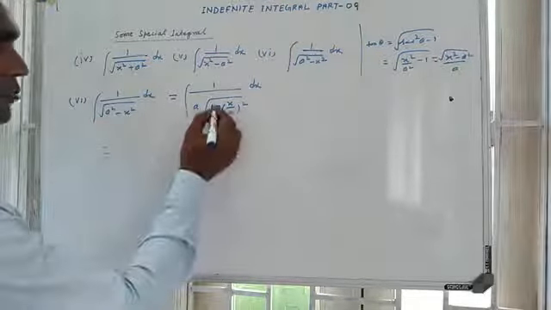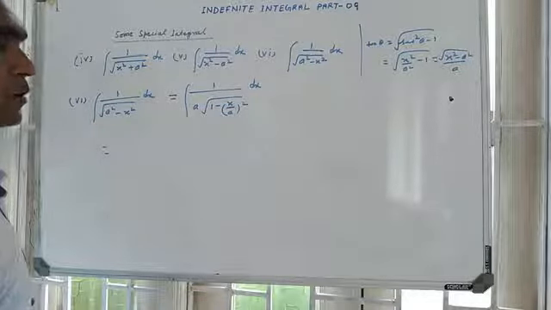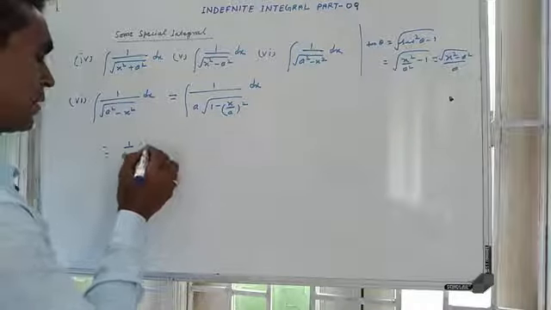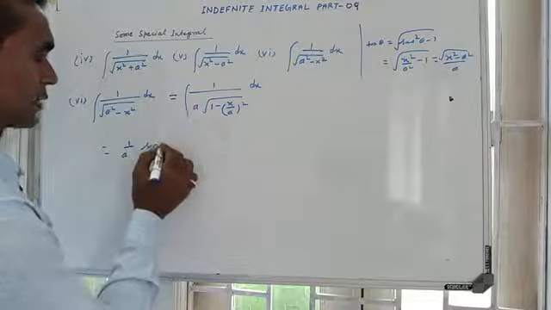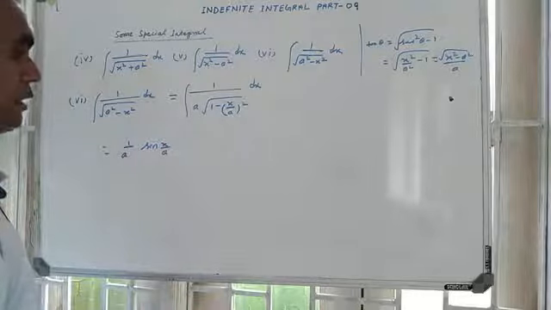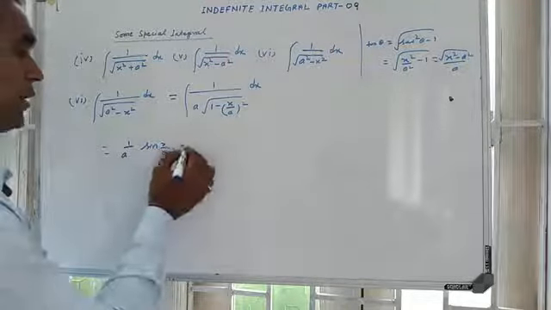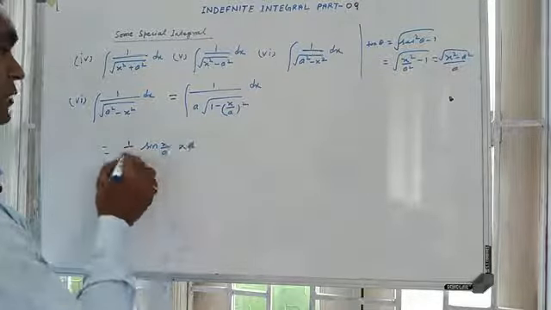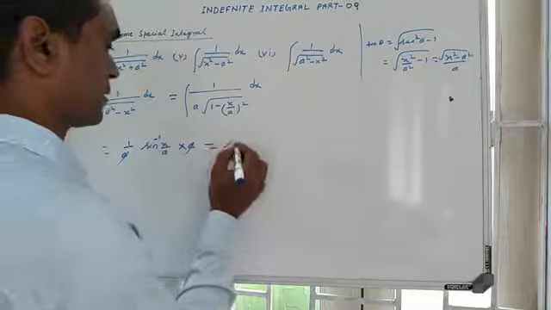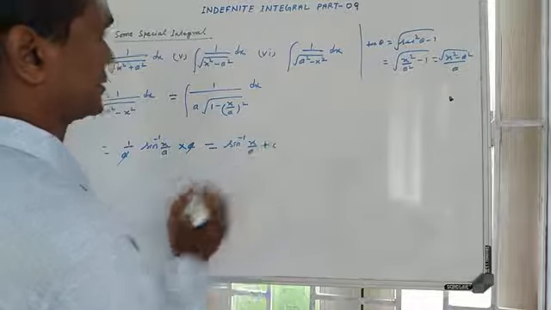So it is nothing but root over 1 minus x square. You know the formula, 1 by root over 1 minus x square is sine inverse x. So 1 by a and sine inverse, x is here x by a. So x by a divided by coefficient of x, that is 1 by a, or multiplied by a. So this will cancel. So sine inverse of x by a plus c.